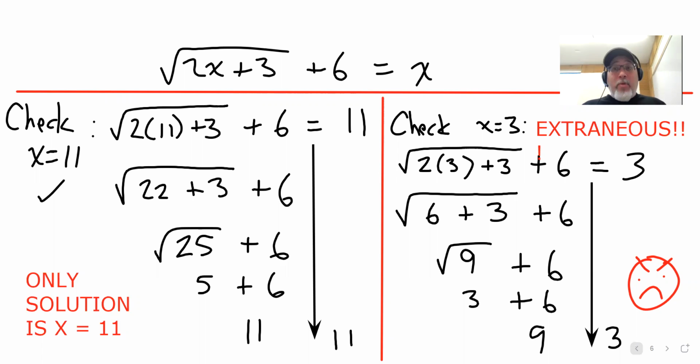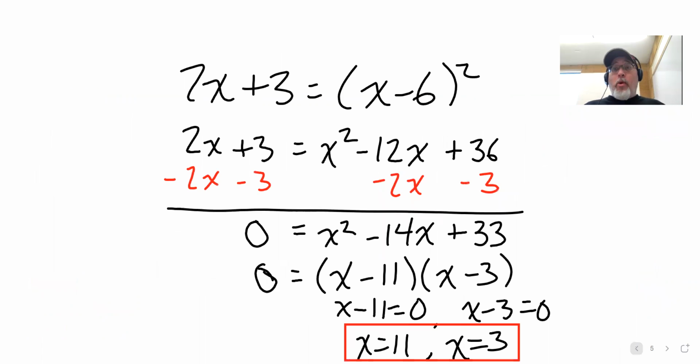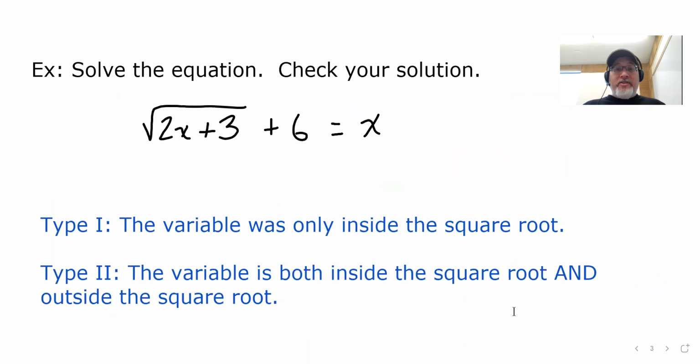So it's an annoying part of these type 2 equations where, and remember what made it a type 2 equation was the variable on the outside of the square root.